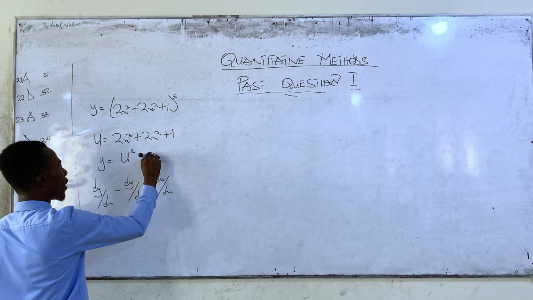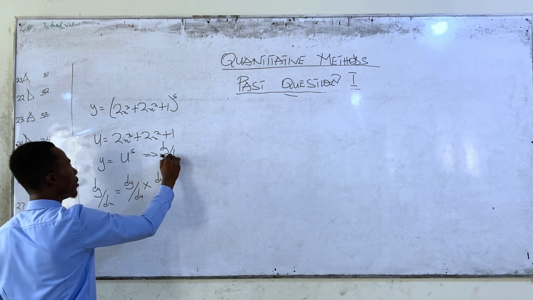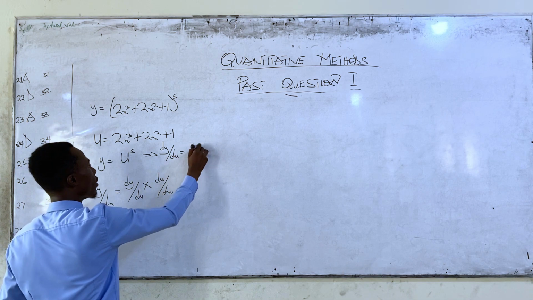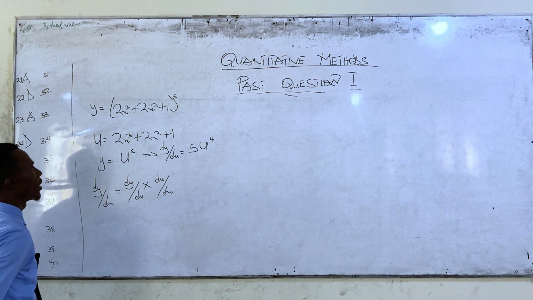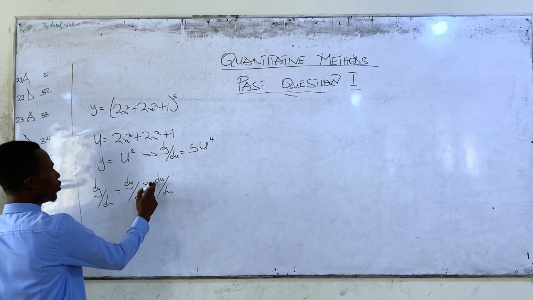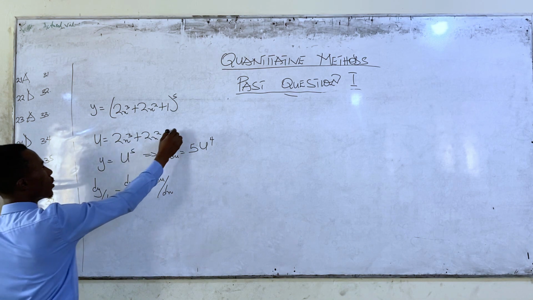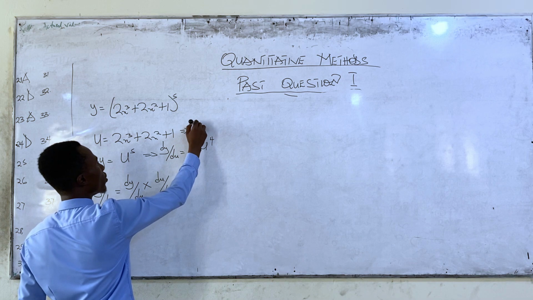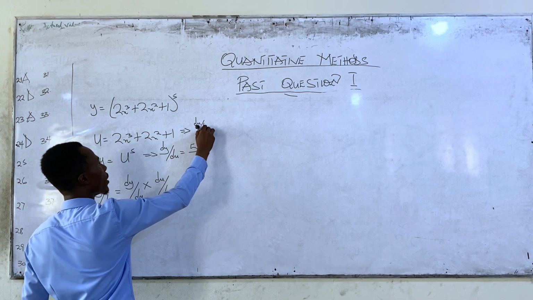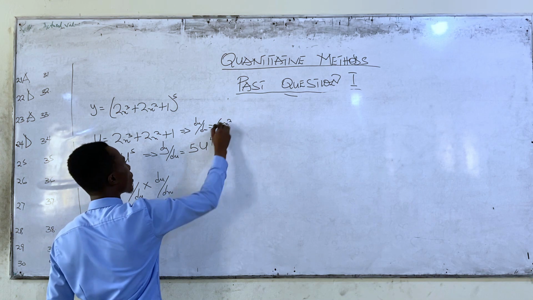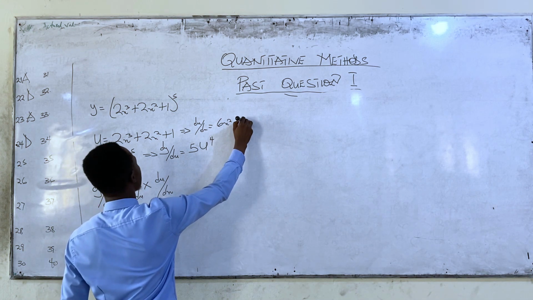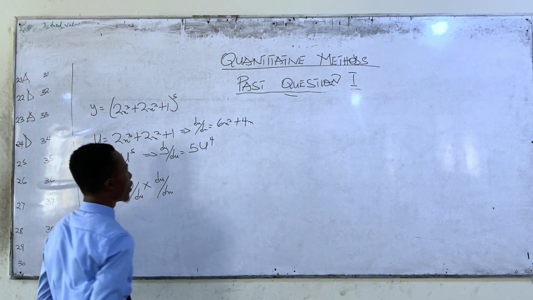So we say our dy du is equal to 5u exponent 4. So we are differentiating this. Then our du dx will also be equal to, we differentiate this to get 6x squared plus 4x, then that is all.